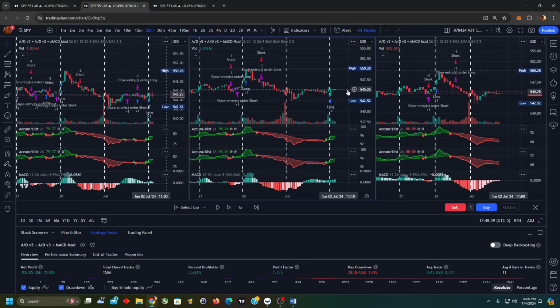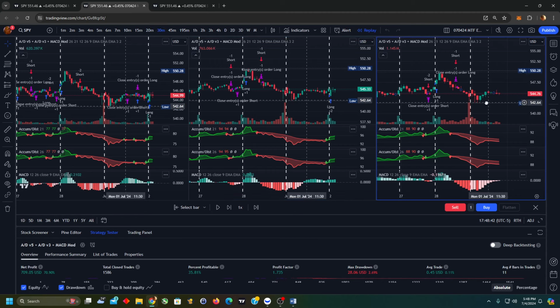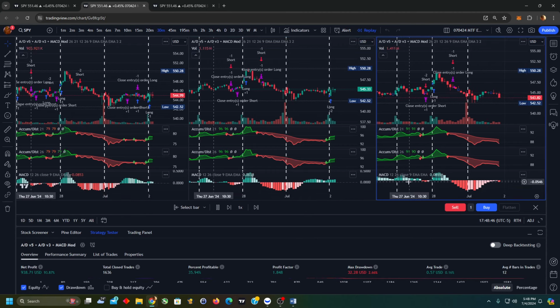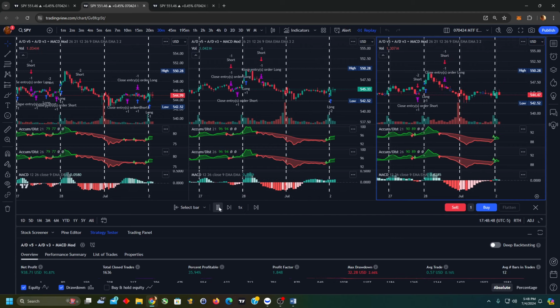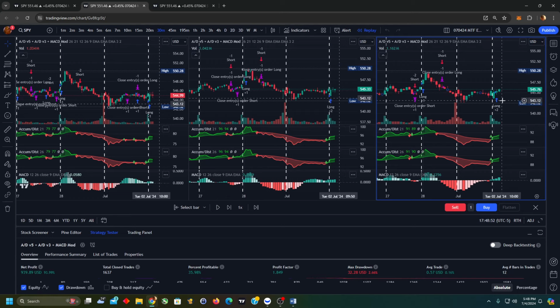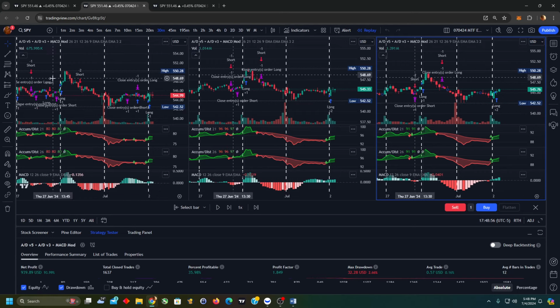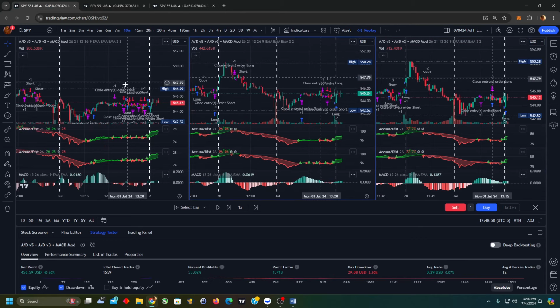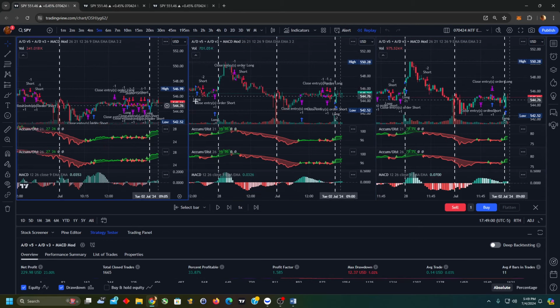Could have entered anywhere in this zone. And we have the 30-minute presenting shortly. And there we go. And now we have confirmation on 1, 2, 3, 4, 5 different lower time frames.